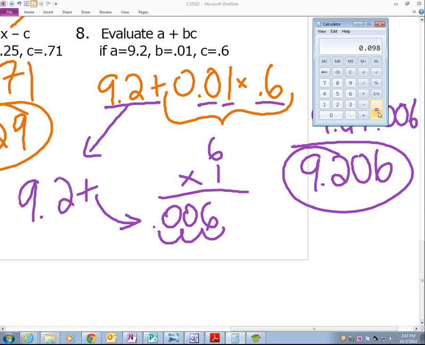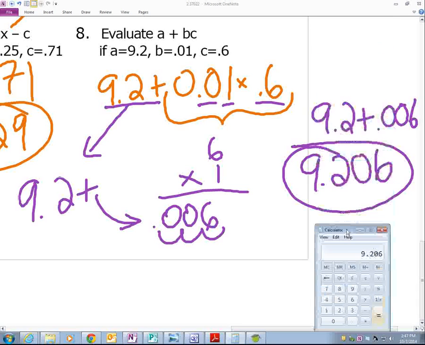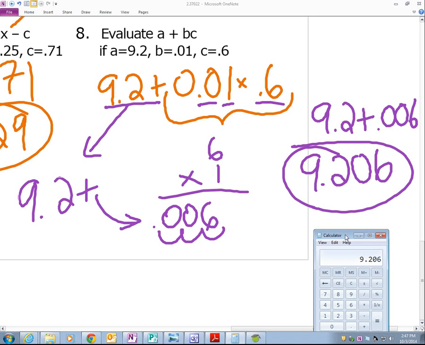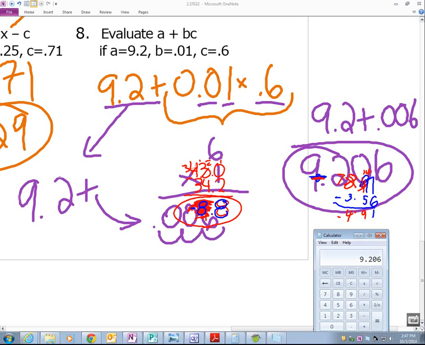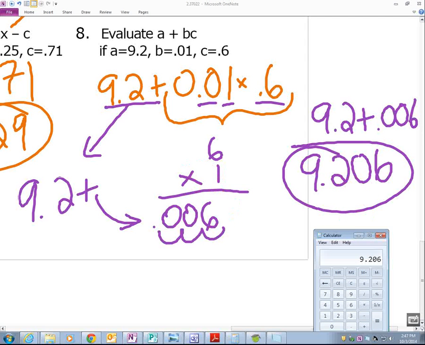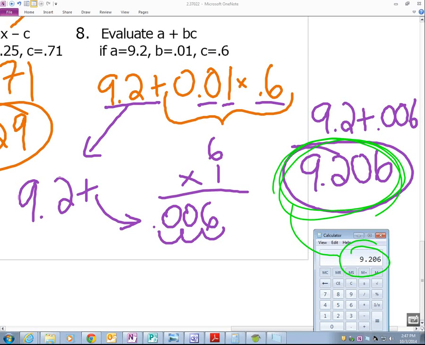Let me do this order of operations, because these calculators are not smart. 0.01 times 0.6 equals, oops, no, I want the plus. Plus 9.2 equals, yay. So we are good. It's the weekend. We had this equal to this, which makes everybody happy.